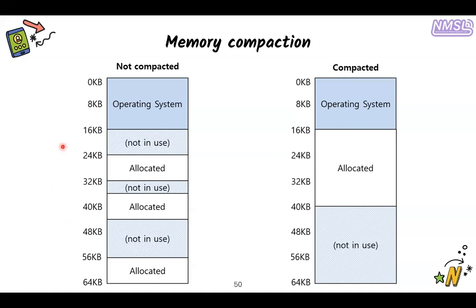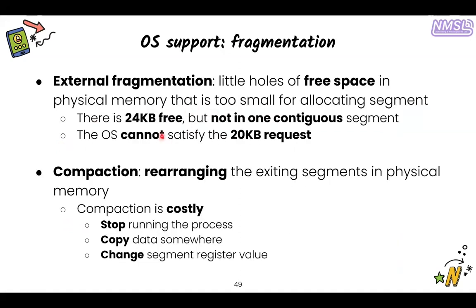So there could be cases where I need to allocate 24K, but I need it to be contiguous. But let's say the free space is more than 24K, yet none of the pieces is contiguous and large enough to satisfy 20K.